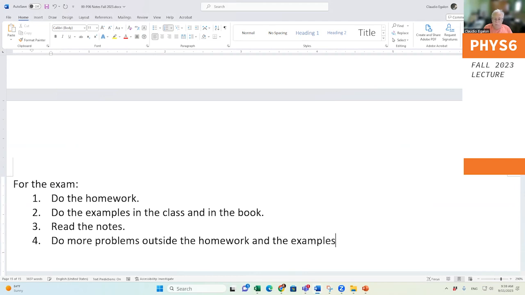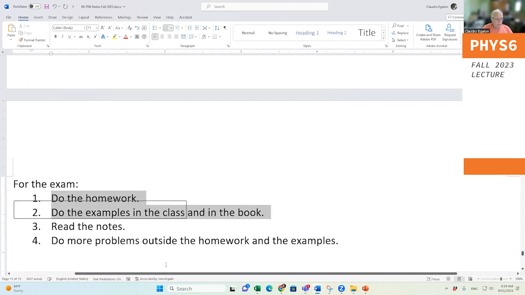That's how I used to do when I was a student. I would do the examples, I would do the problems in the homework, I'd read the notes. And then if I had additional time, I'd look for more problems, for more examples outside those two.